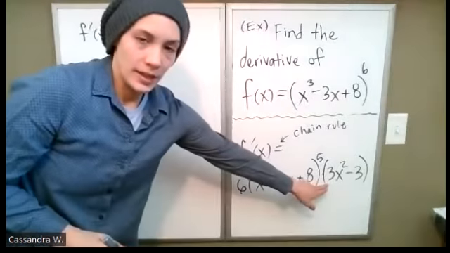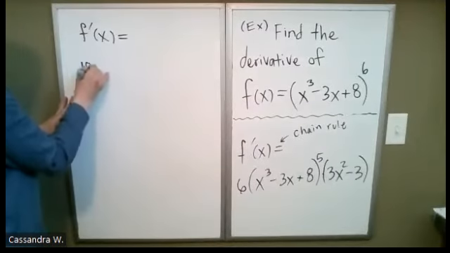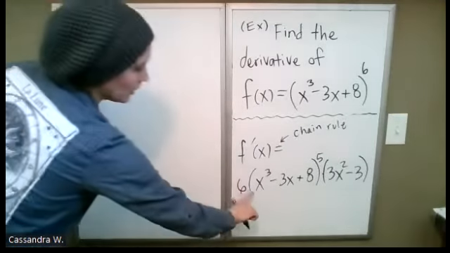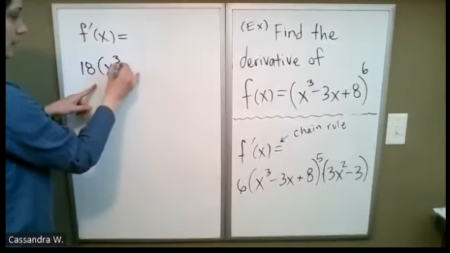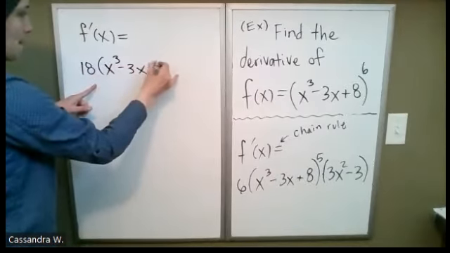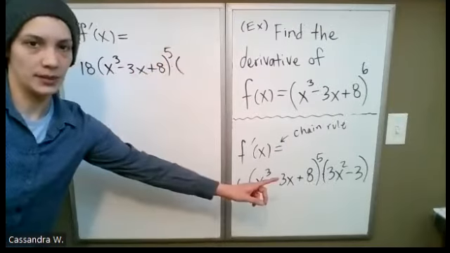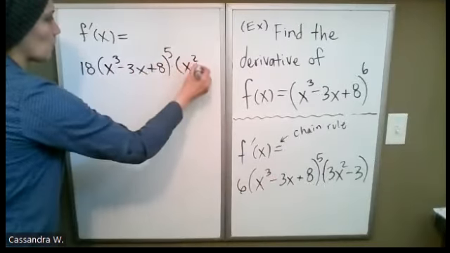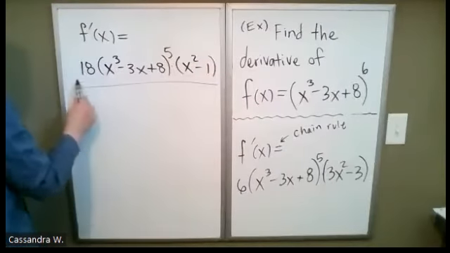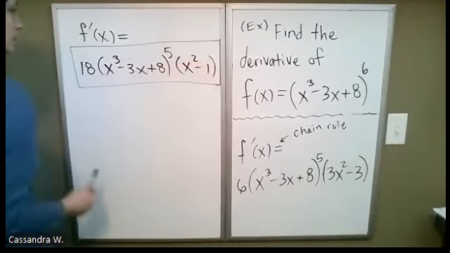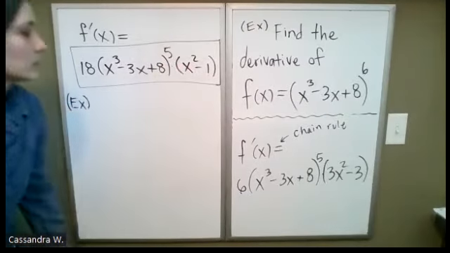All right, again, factoring out that 3, so we've got 18 times x cubed minus 3x plus 8 to the 5th, times x squared minus 1. Well, where did the 18 come from?